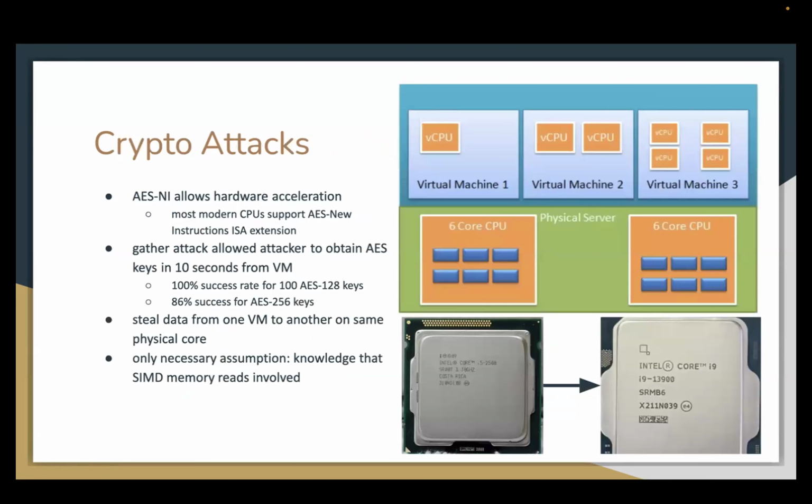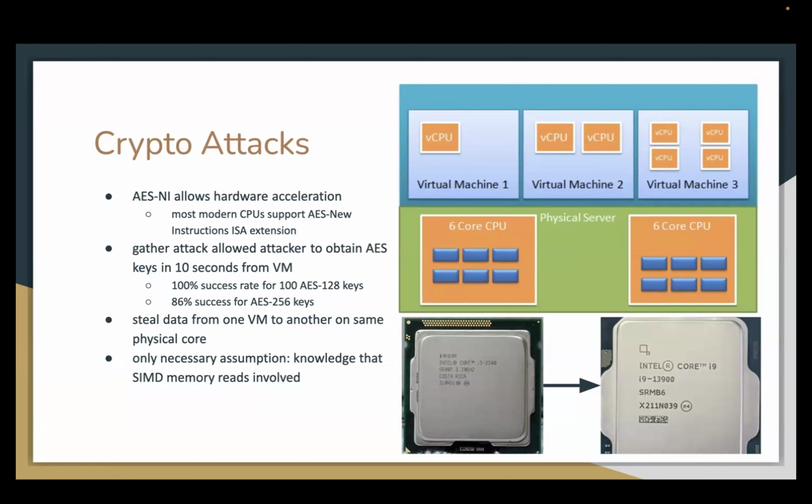All right, so the paper went on to talk about some of the uses of this attack. One of the big ones was that a lot of cryptography systems are very vulnerable. Specifically, they called out AES-NI, the instruction set extension that allows hardware acceleration of AES encryption.